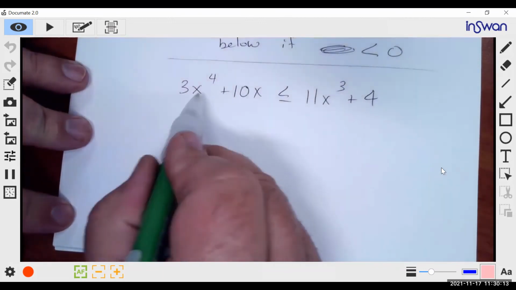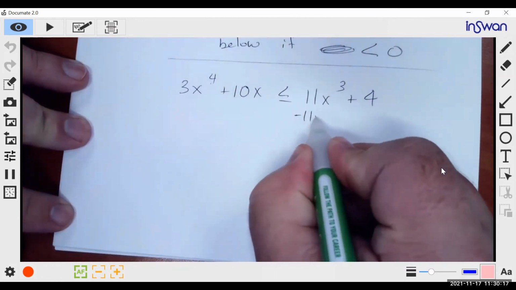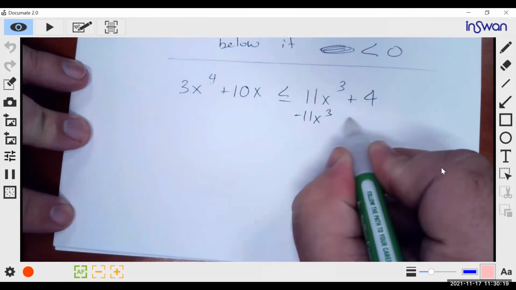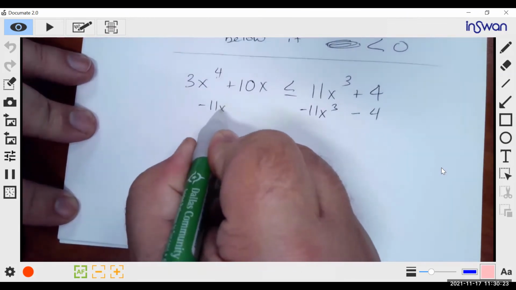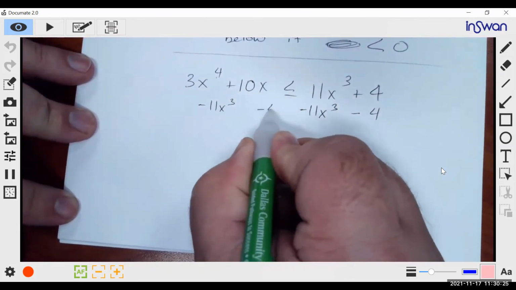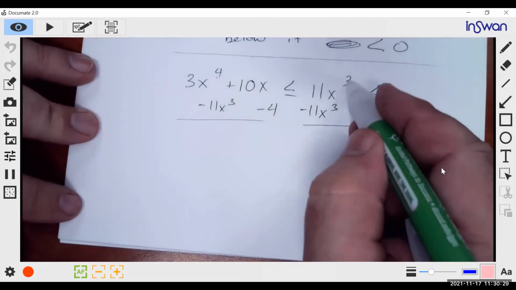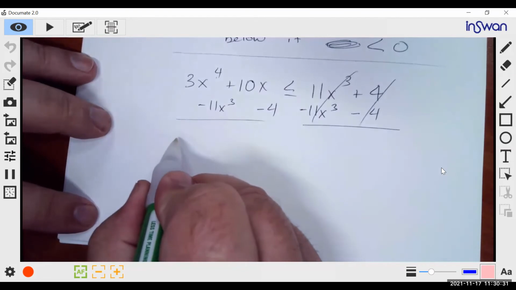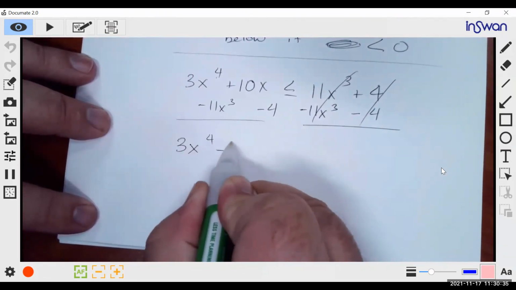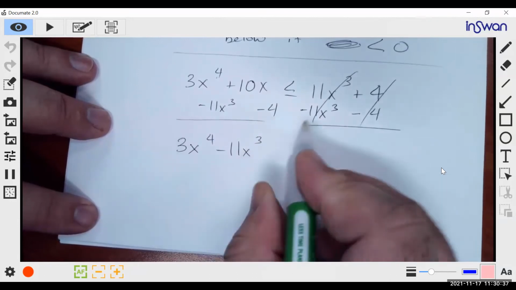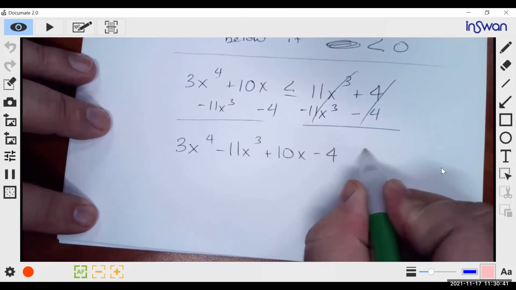The first thing you have to do, since this is a 4x cubed, everything's going to move to the left. I subtract 11x cubed and a 4. So nothing combines there, so it's just 3x to the 4th minus 11x cubed plus 10x minus 4.